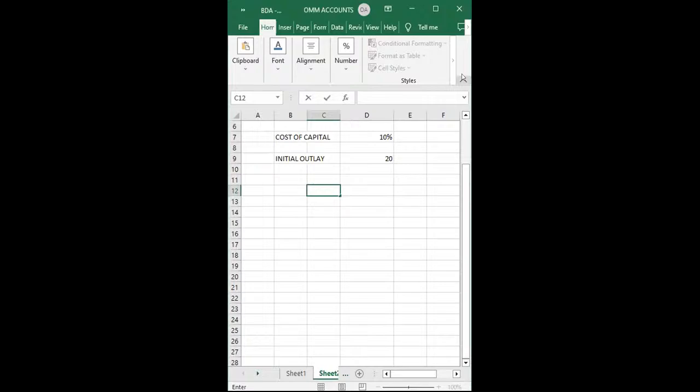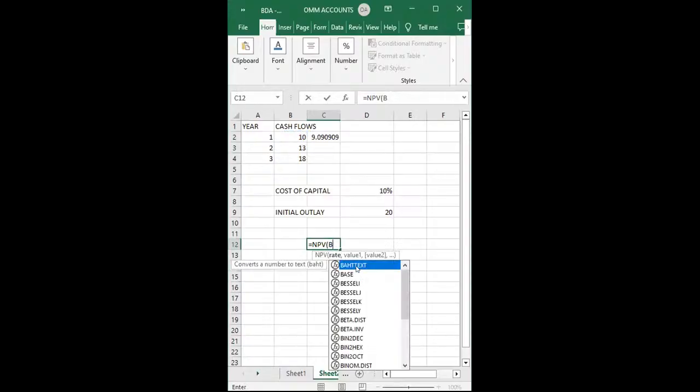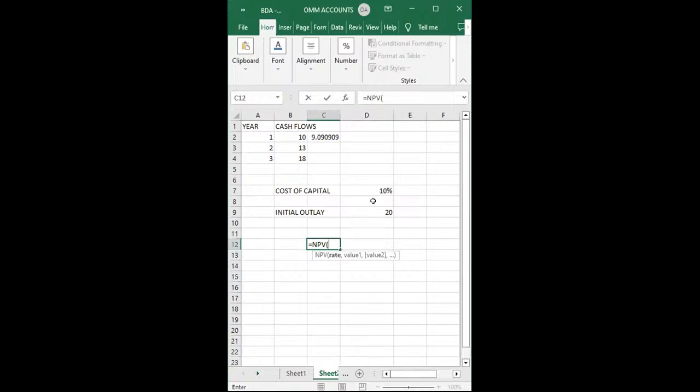Equals NPV. Yes, it's there. Not that one. Look at the formula. The formula wants you to pick the rate first. Rub that one very fast. You always follow the formula. Rate, comma. Then after comma, you pick the 3 cash flows.